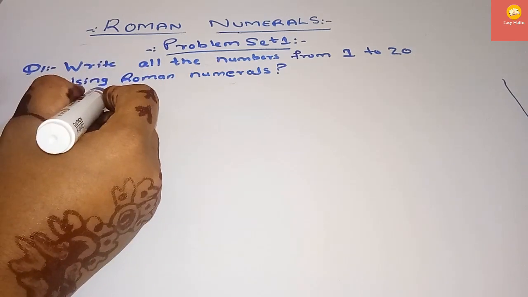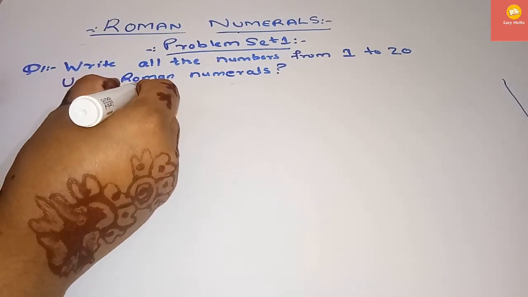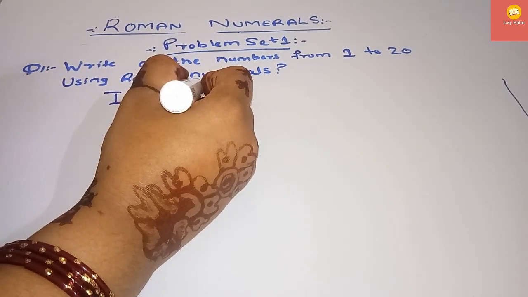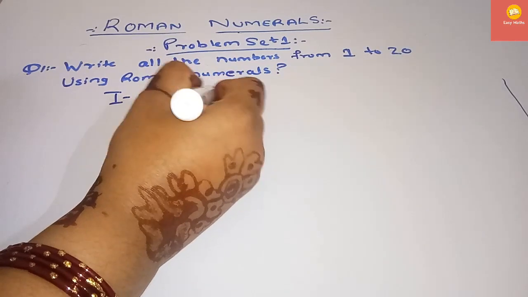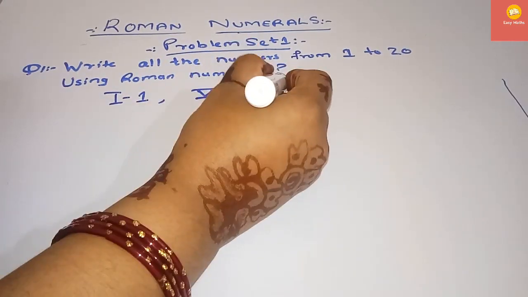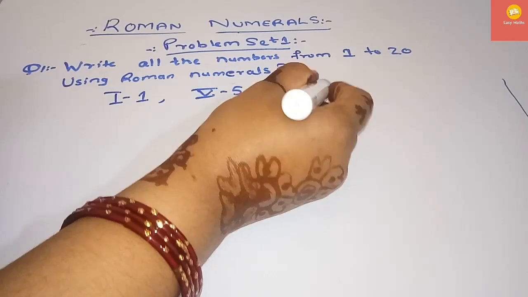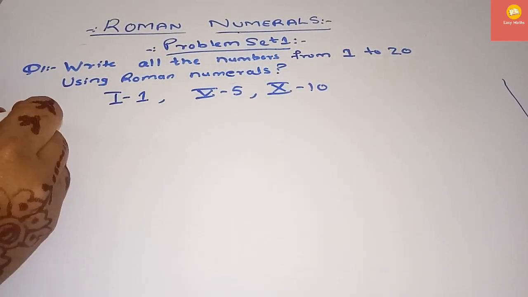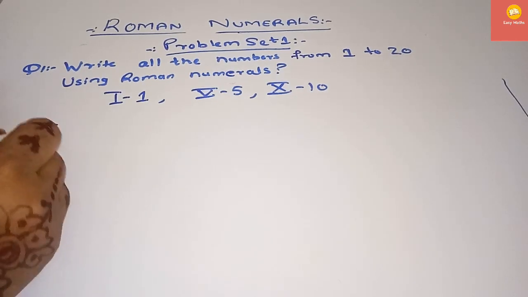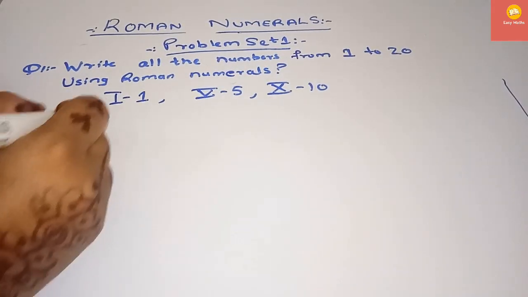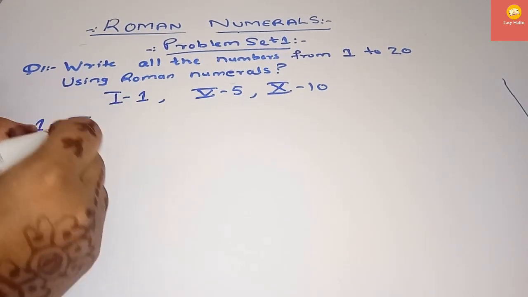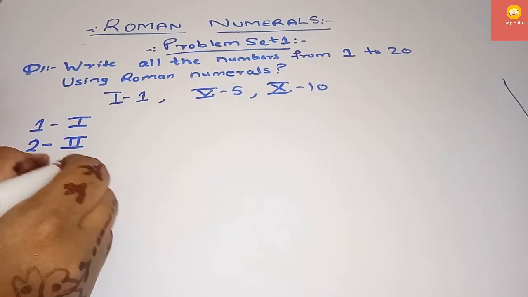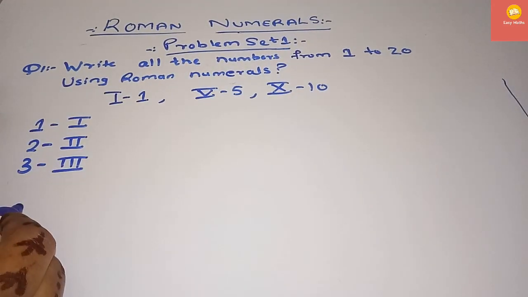We have learned rule number 1: 1 is represented as capital I, 5 as capital V, and 10 as capital X. First we write the first three numbers, 1, 2, 3. It's very simple. 1 is capital I, 2 is two capital I's, and 3 is three capital I's.